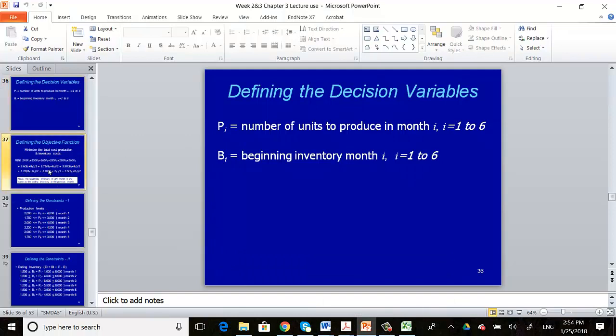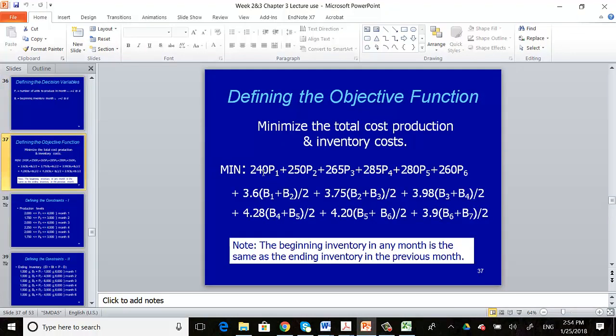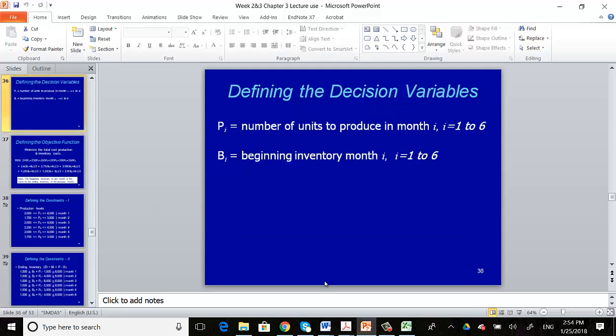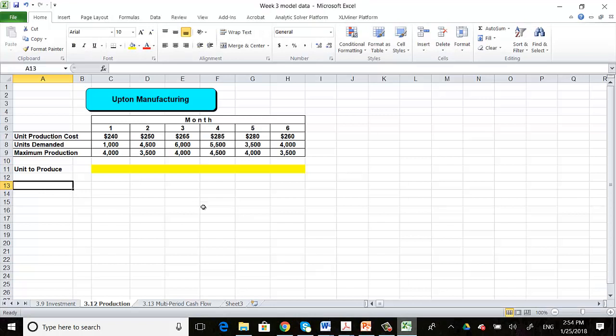Okay, and then we'll look at our objective. So we said the objective function is the total cost of the production and the beginning inventory. So we do need a place to hold this beginning inventory. Even though it's not the decision variable, we do need a place to calculate it. And remember we write that relationship.